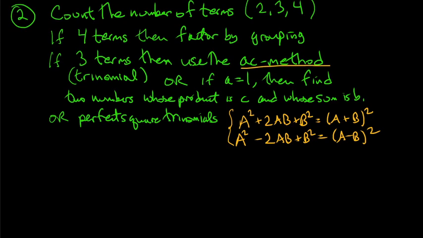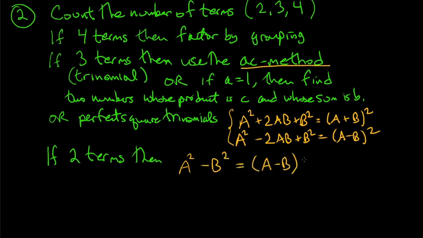And then finally, if there's only two terms, then it's got to be one of these four possibilities, actually. One is it's the difference of two perfect squares, a squared minus b squared, and that factors as (a minus b) times (a plus b).